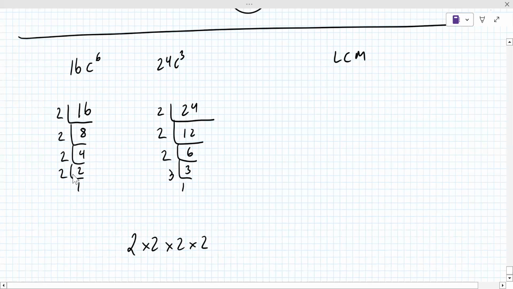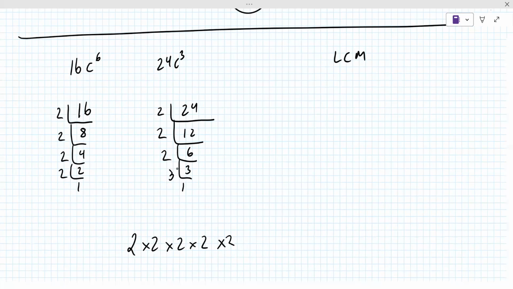That takes care of the 16, these numbers on the outside. You go to the next one and you see if everything is there, and if it's not there, you add it. So do you have a 2? Yeah, you got a 2. Another 2? Yes. Third 2? Yes. But you don't have a 3, so you include that down here. This ends up equaling 48.